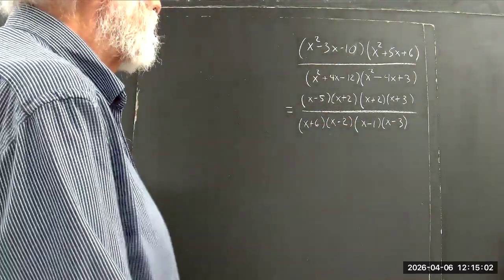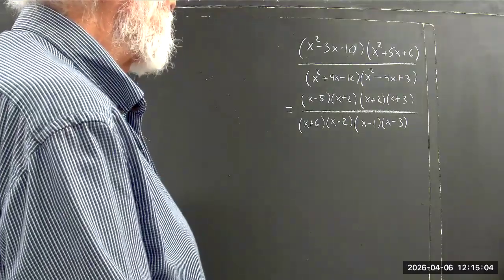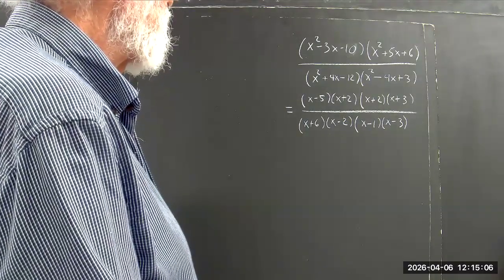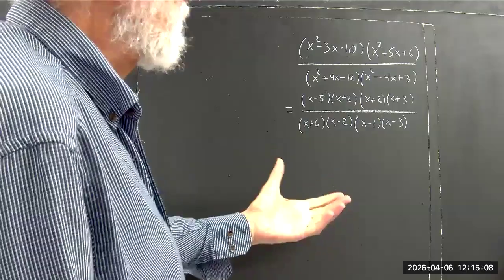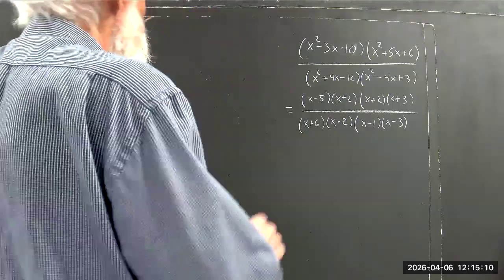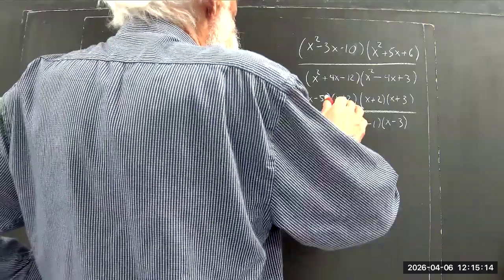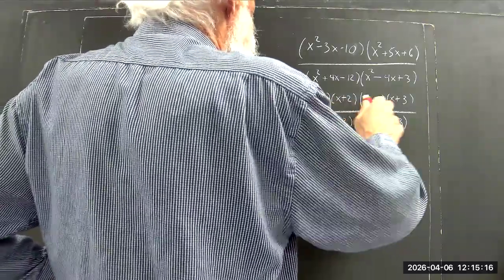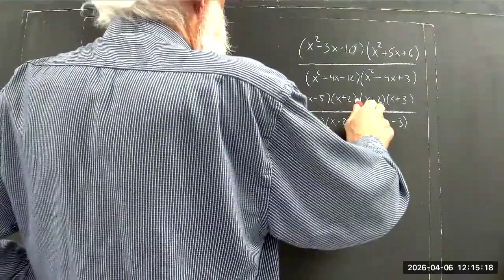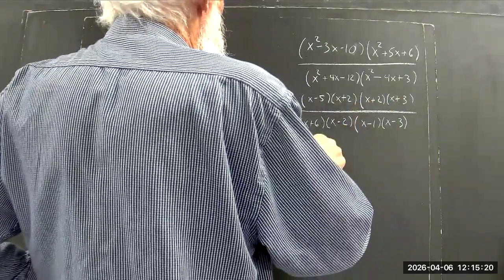Well, now that everything is factored, let's find whether there are no common terms. Just to be sure, let's do everything in order of these numbers that are added to x.